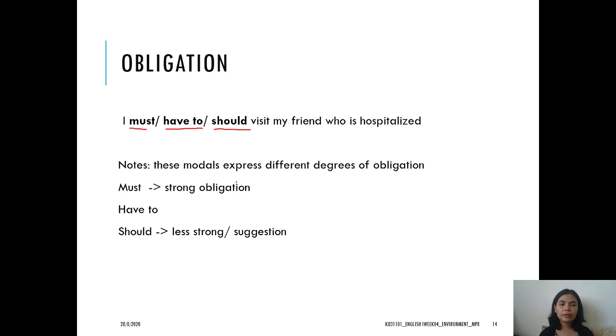But you have to take note that these modals express different degrees of obligation. In percentage, "must" would be 100%, "have to" will be like 80 to 90%, and "should" will be lower than that.